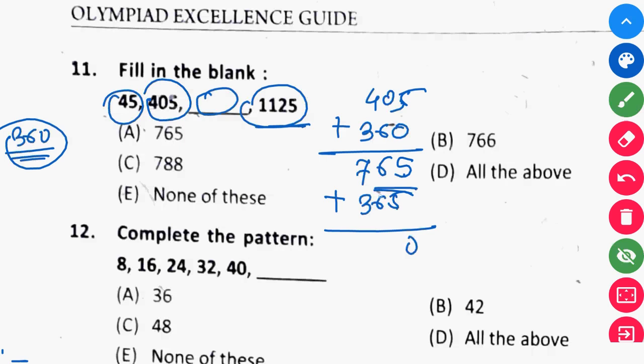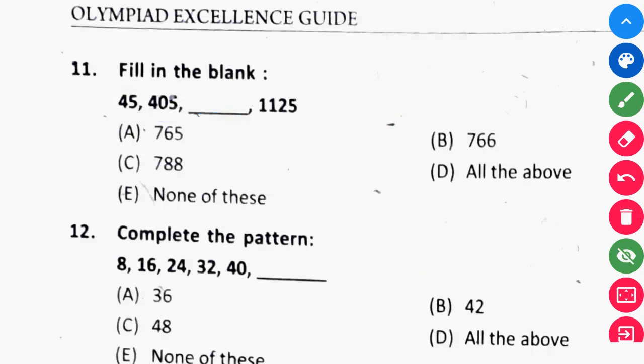5 plus 5 is 10, 12, 13, 1 is carried forward, and this becomes 11. 1130 we get. So this is not the answer pattern actually. 45, 405, 405 minus 45, 360.